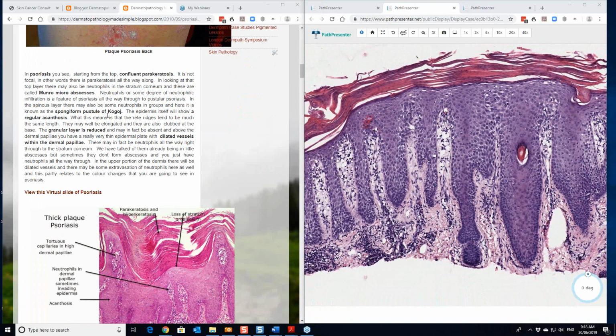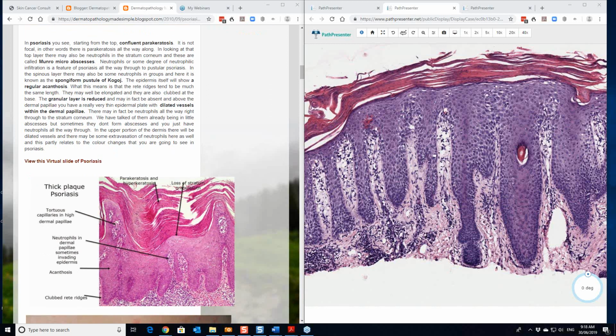The spongiform pustule of Kogoj, when the neutrophils are at the mid-spinous layer. Very much reduced or absent granular layer, dilated vessels in the dermal papillae.